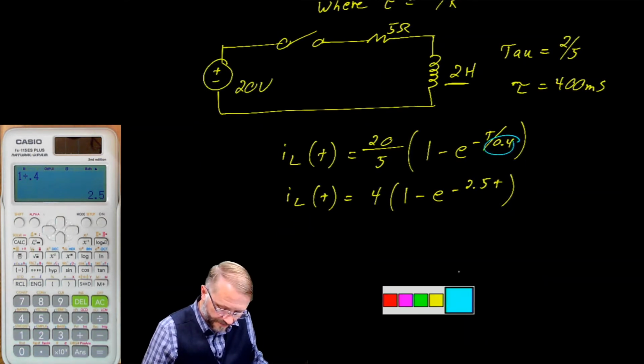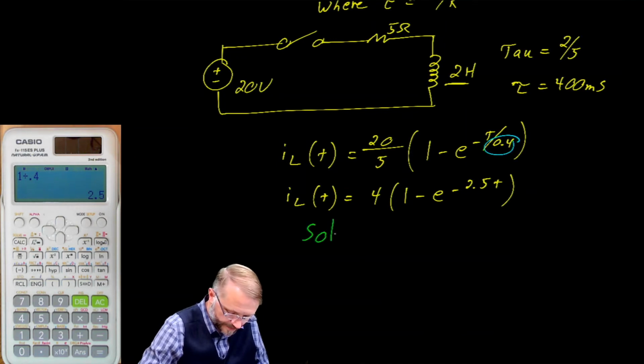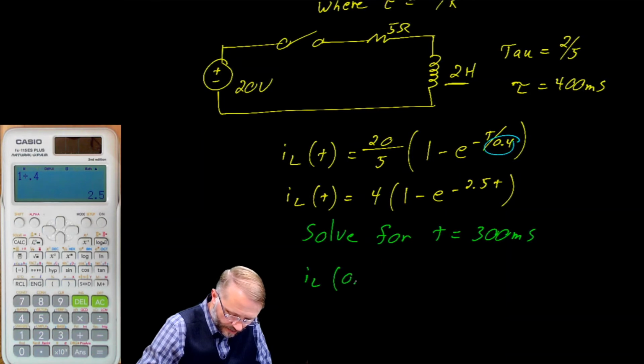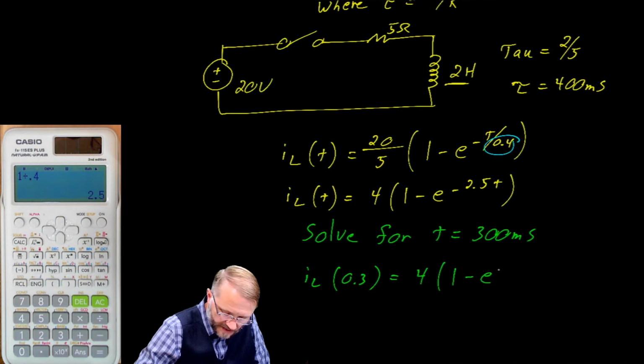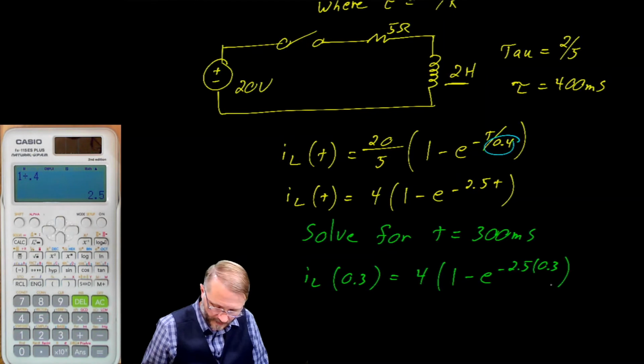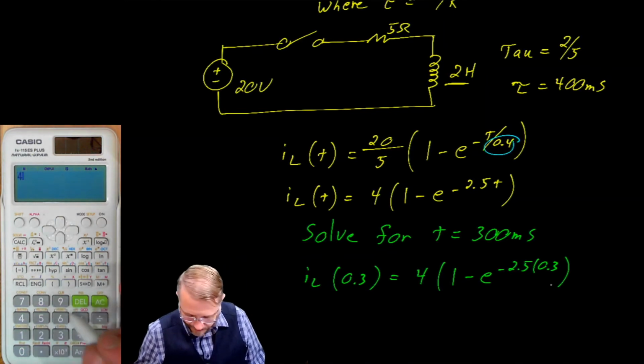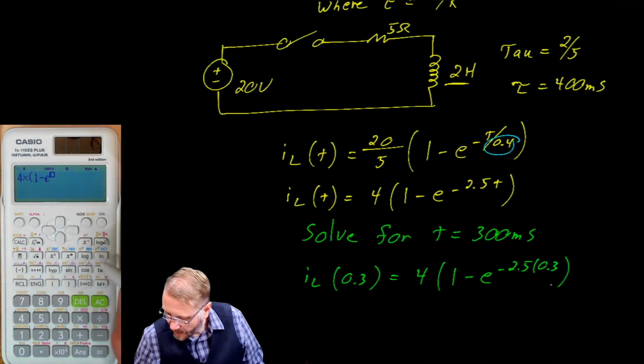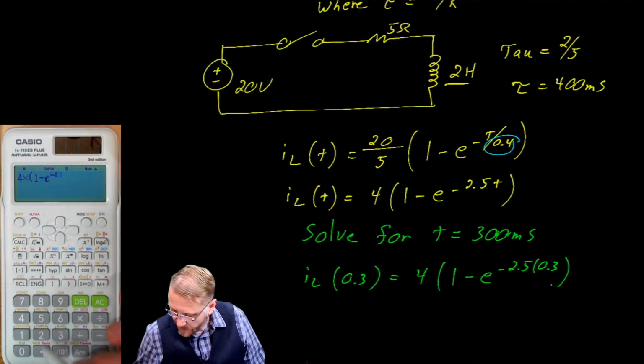As an example, we could solve for t equals 300 milliseconds. So the current on the inductor at 0.3 is equal to 4 times 1 minus e to the negative 2.5 times 0.3.